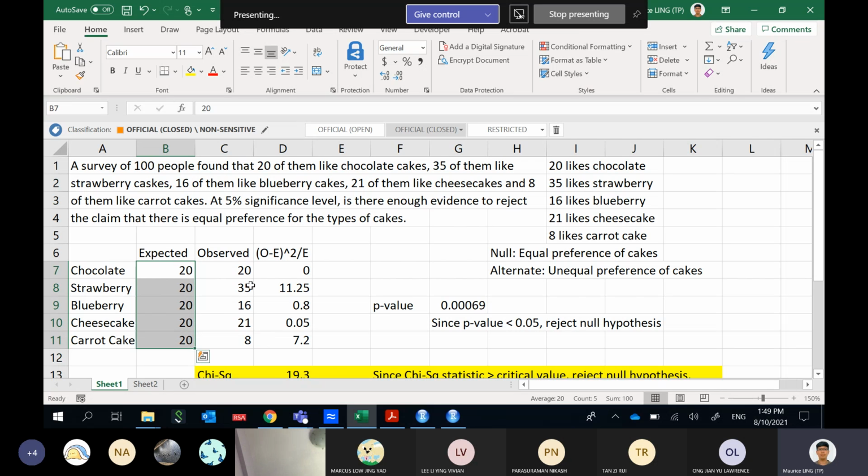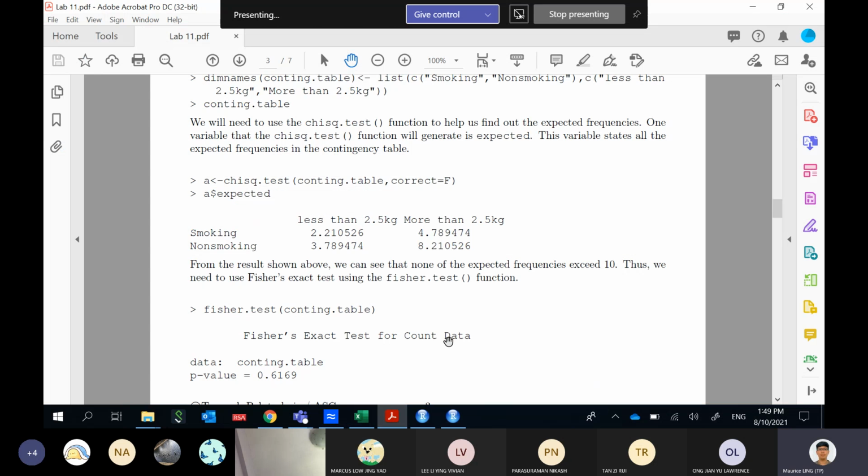Just that the observed should not have decimal places because it's count. So that is essentially your Fisher exact test. And in your tutorial, you find that Fisher exact test is actually troublesome to calculate. Okay. But that's all.